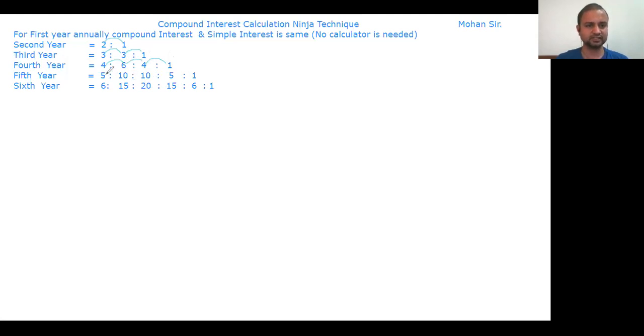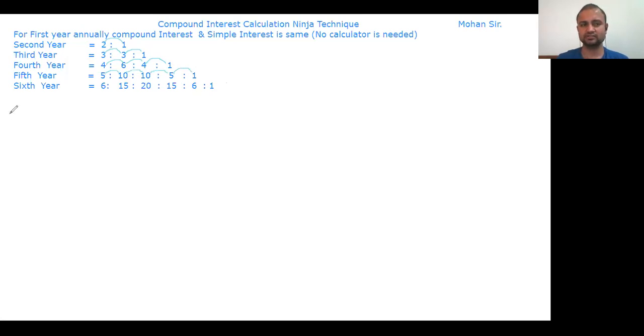Then again for the sixth year, 5 plus 10 will be 15, and this 10 plus 10 will be 20, and 10 plus 5 we can see is 15, 5 plus 1 will be 6, and as previously said, 1 will be the last.